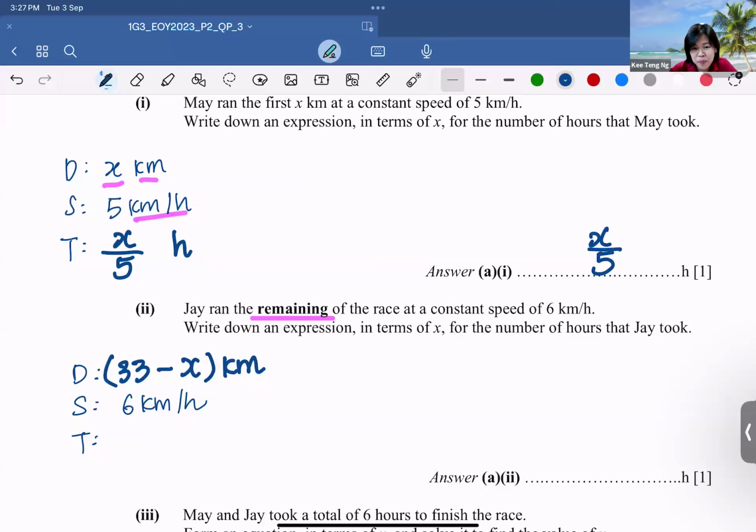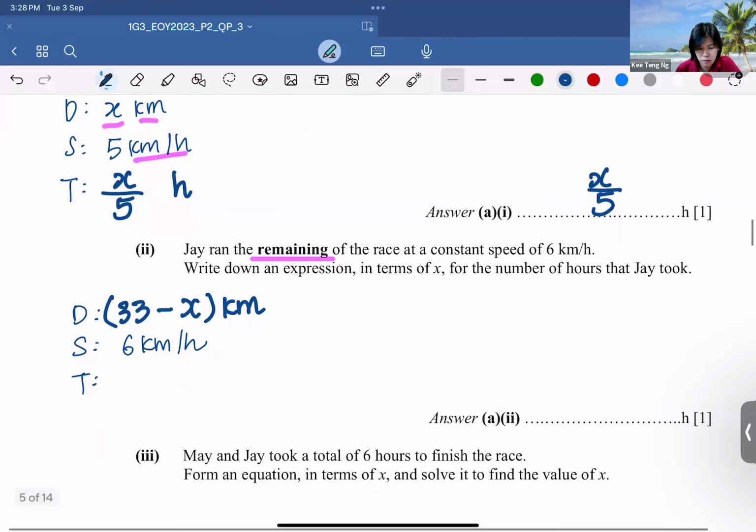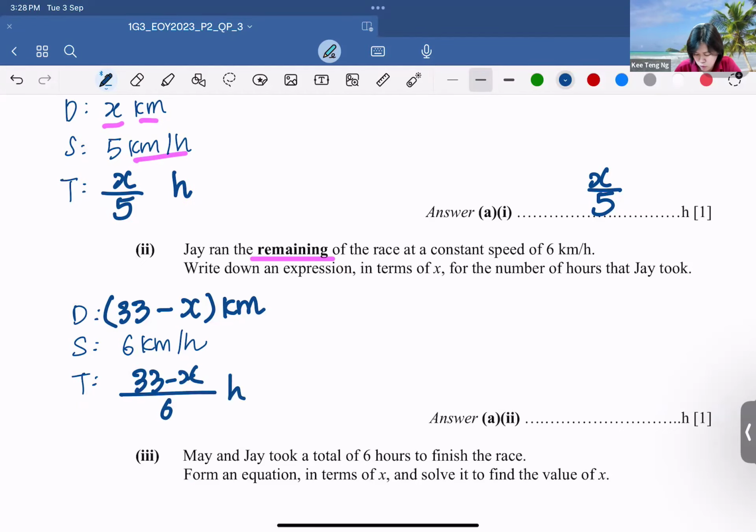What's the expression? Distance divided by speed. Write down an expression. Okay, thank you very much. 33 minus X over 6. I don't know who you are, but thank you for your answer. Okay, this one is the answer.